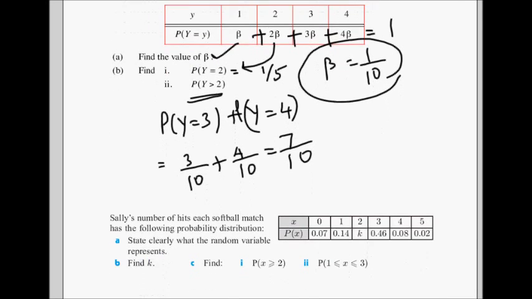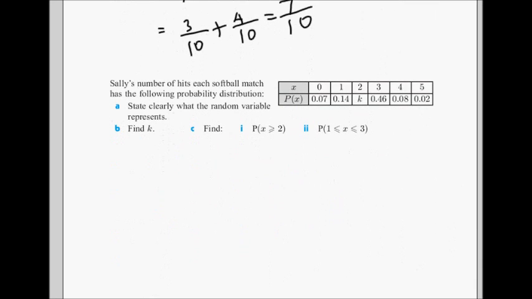Okay, the next question is, you have a table of probability distribution here. State clearly what the random variable represents. So this is Sally's number of hits in each softball match, so the number of hits would be the random variable. Okay, find the value of k. You just need to add them all and equate it to 1, and you can find the value of k.